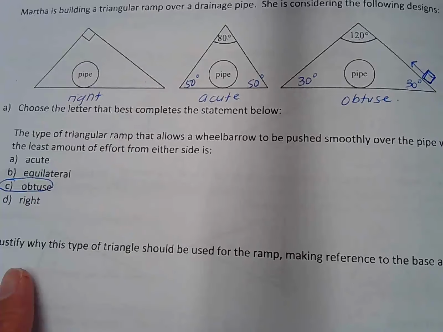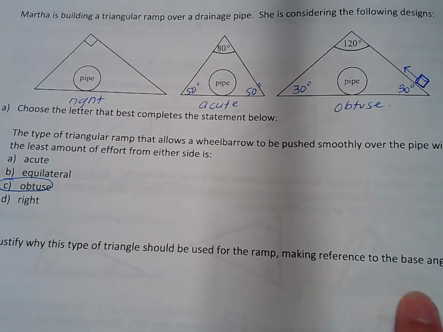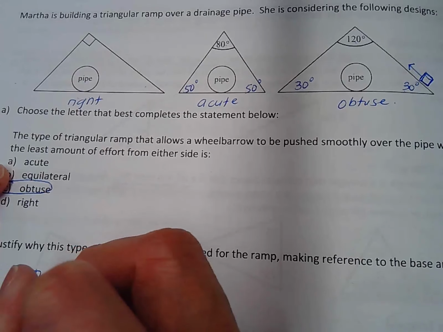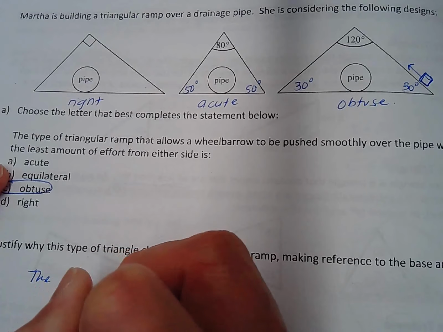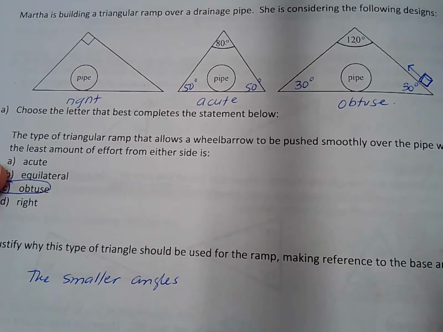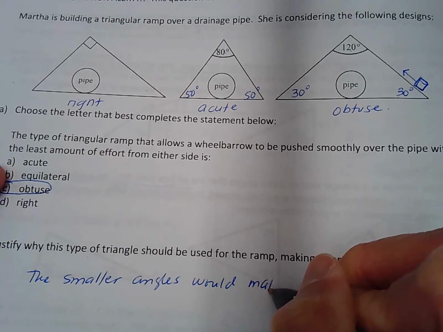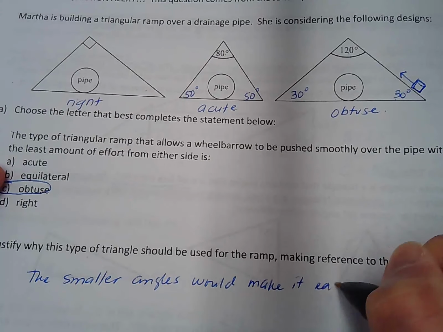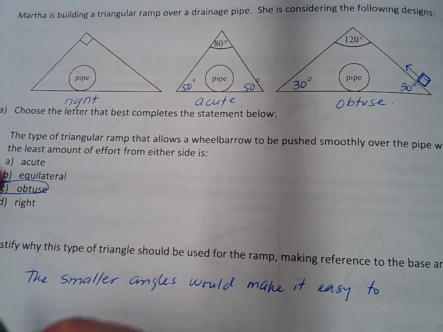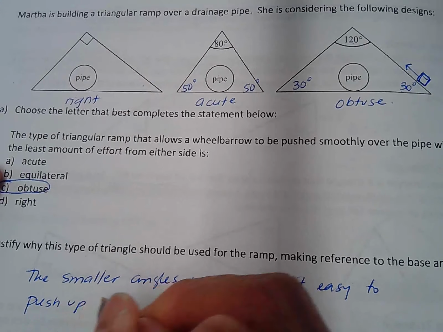Okay, so justify why this type of triangle should be used for the ramp, making reference to the base angles. The smaller angles would make it easy to push up.